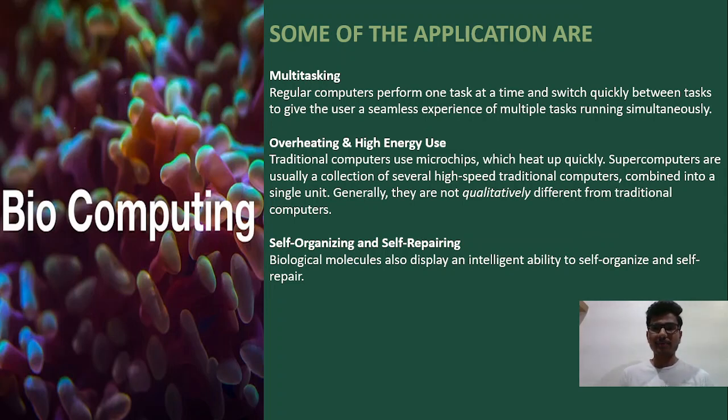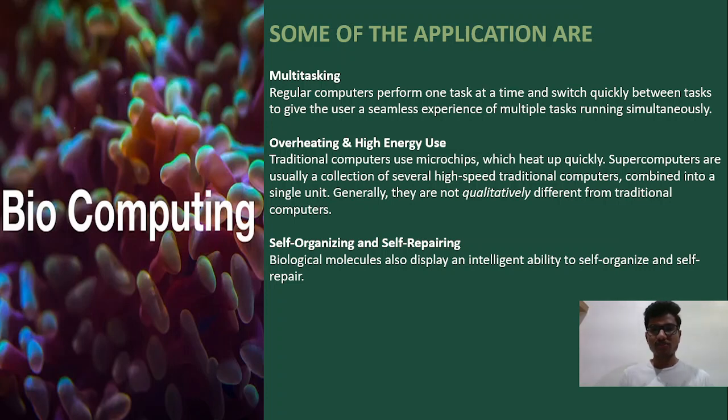Next, coming to some of the applications of biocomputing. First, it has the feature of multitasking. Regular computers perform one task at a time and switch quickly between tasks to give the user a seamless experience of multiple tasks running simultaneously. That is, biocomputers can do multitasking and also work in parallel at the same time. Next is overheating and high energy usage.